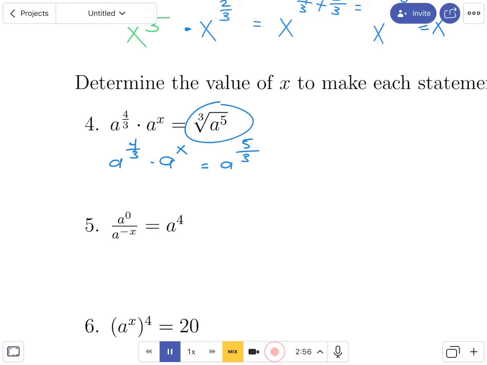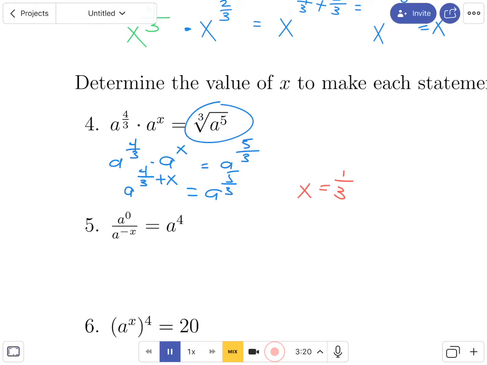And so as we do this, we ask ourselves, well, a to the 4/3 plus x equals a to the 5/3. So what number could we put in place of that x so that when we add that to 4/3 we get 5/3, and hopefully you see that we can add 1/3 to get 5/3.